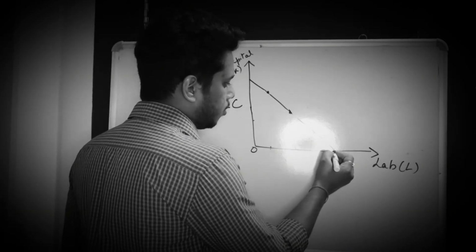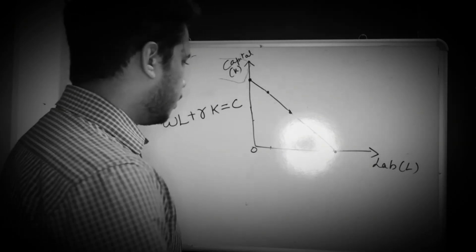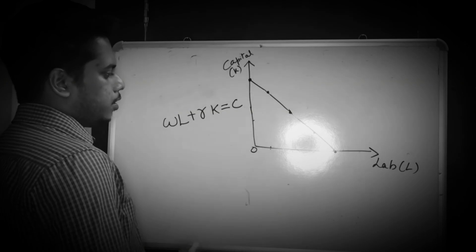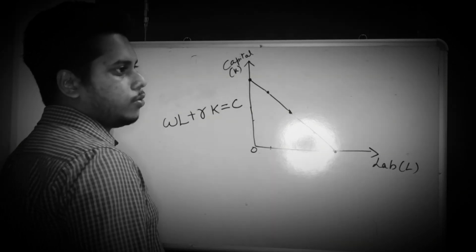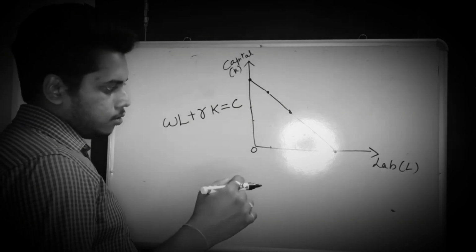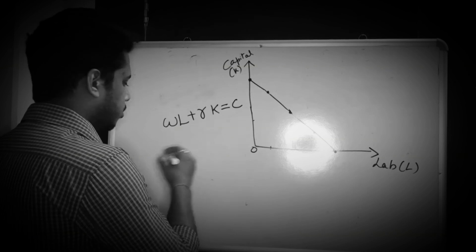So intercept lies over here, over these 2 points. Okay, so how to derive the intercept? So this is the x-axis or the labor axis. So if we want to derive the intercept of the labor axis, we can derive it as follows.